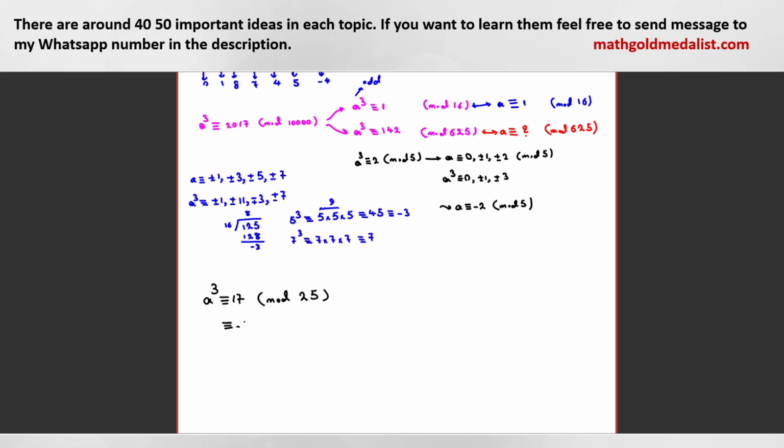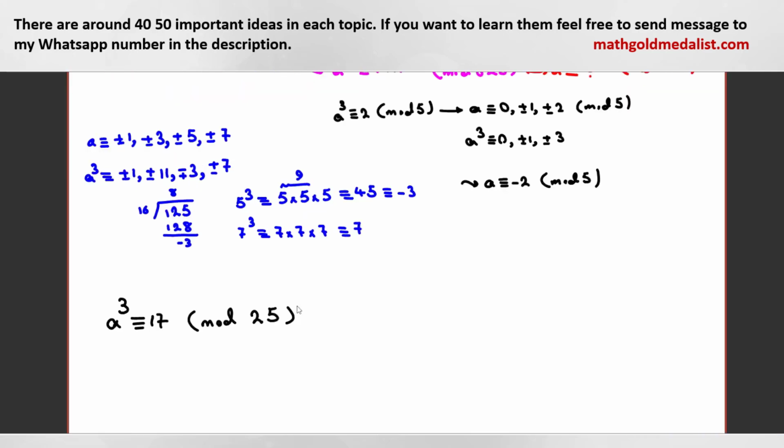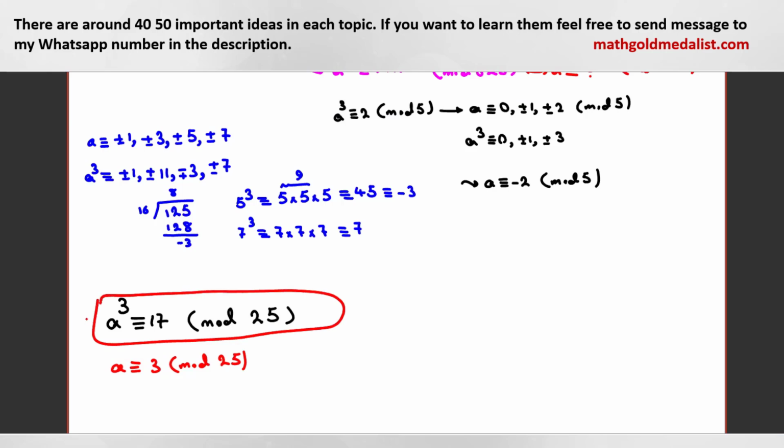Yeah. But we should prove that it is our only answer, right? Yeah. One way is that you check all numbers from 0 to 25. It takes time, right? You want an easier solution, right? Yeah. Do you agree? We know A is -2 mod 5, or A is 3 mod 5, right? Yeah. Have you used this for solving this or not?